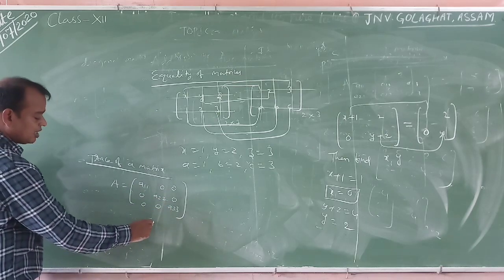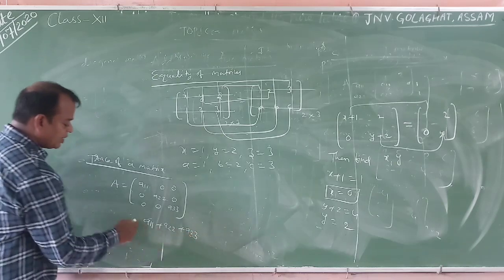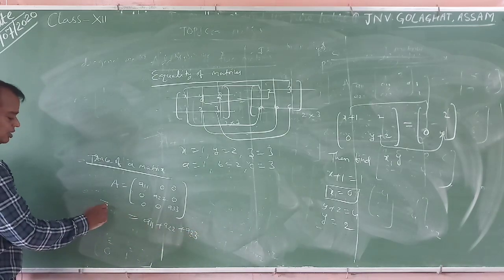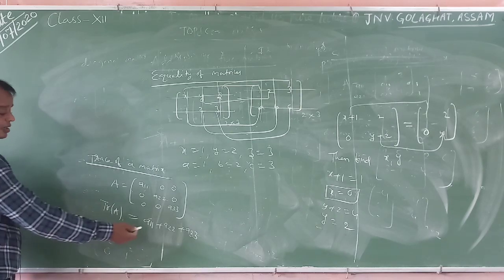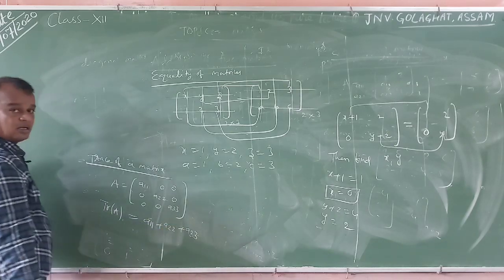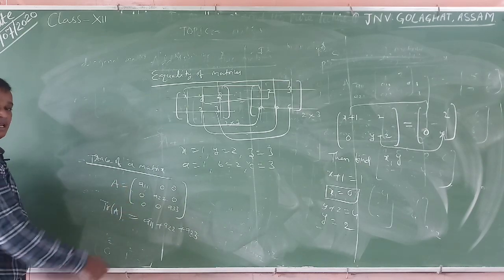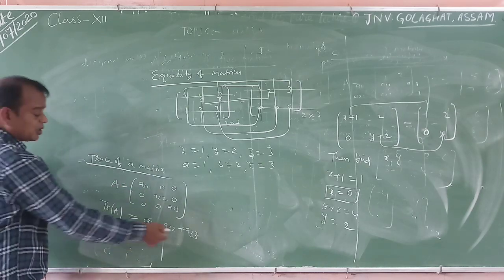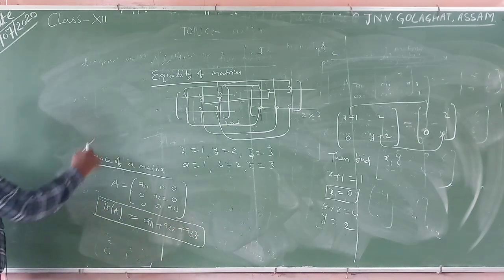Now adding a11, a22, a33, that is equal to trace of A. What is the definition? In a square matrix, the sum of the principal diagonal elements is called the trace of the matrix.